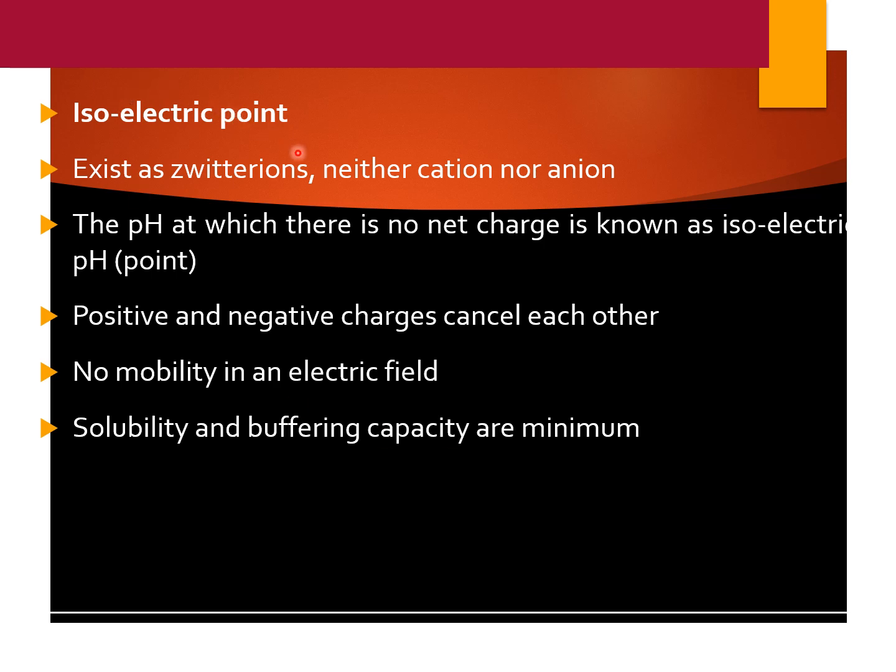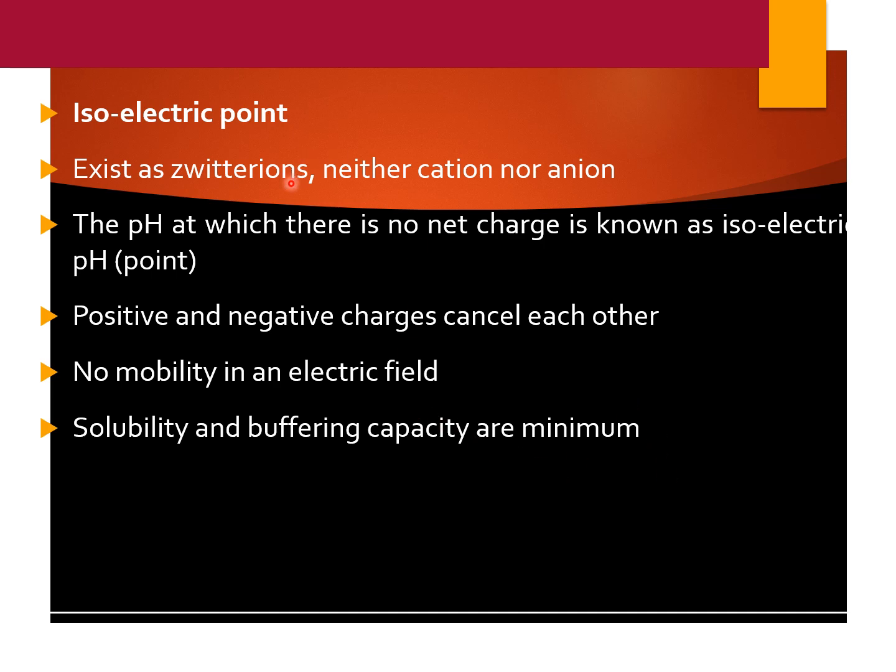Now let's move on to the isoelectric point. It exists as a zwitterion, neither cation nor anion. I will show you how. The pH at which there is no net charge is known as the isoelectric pH. The positive and negative charges cancel each other. There is no mobility in the electric field, and solubility and buffering capacity are minimum.